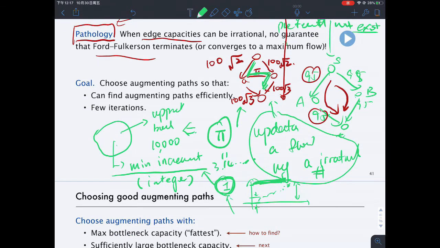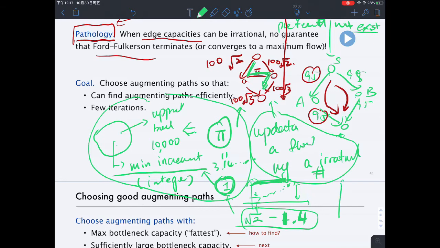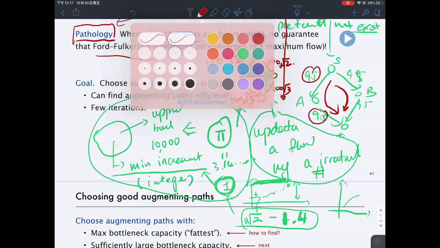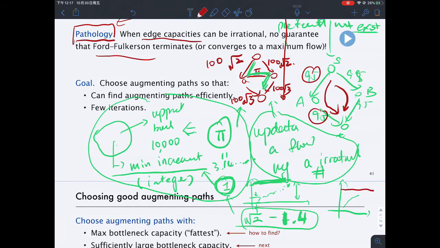So if there's a number that looks like square root of 2 minus something, minus 1.4, right? If you have this kind of numbers, then the argument we have been using fails to work. You will be able to come up with a flow that's monotonically increasing, but we will still have a crude upper bound on the maximum capacity.